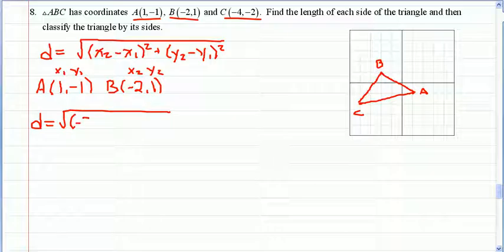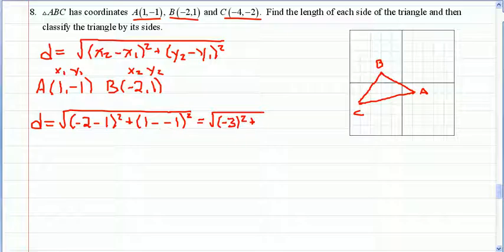So x2 is negative 2 minus x1 is 1 squared plus 1 minus negative 1 is y2 minus y1 squared. Negative 2 minus 1 is negative 3 squared.